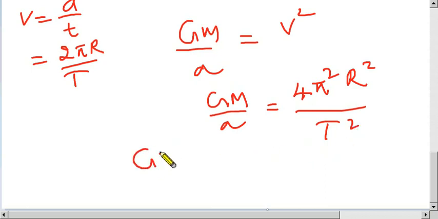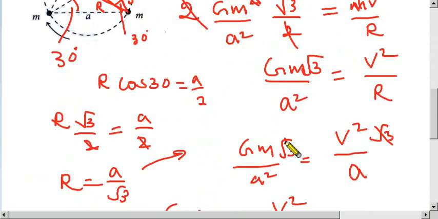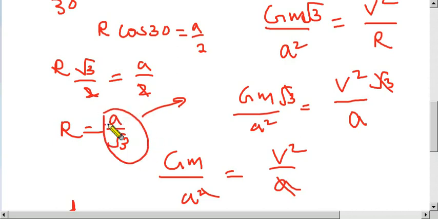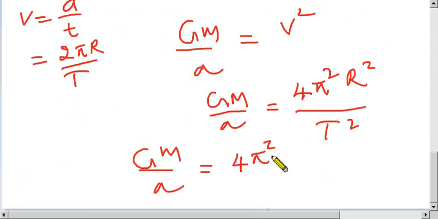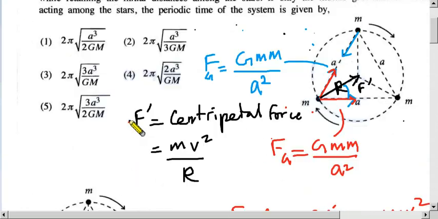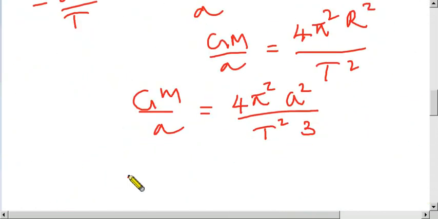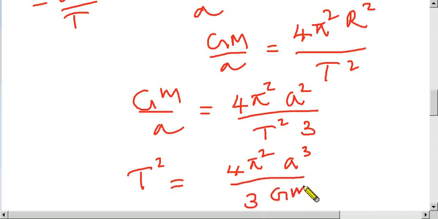So again we have to remove this capital R. That means A squared by 3, small A squared by 3, by T squared. So we have to now find T. T squared equals 4 pi squared, this A goes this way, then A cube divided by 3 Gm.